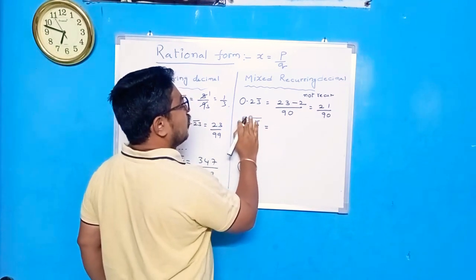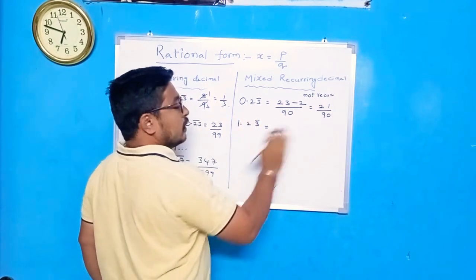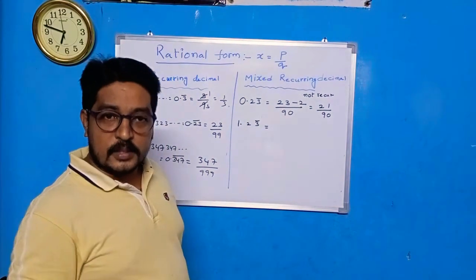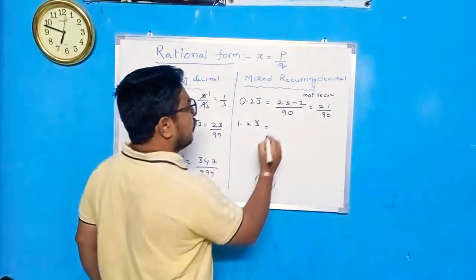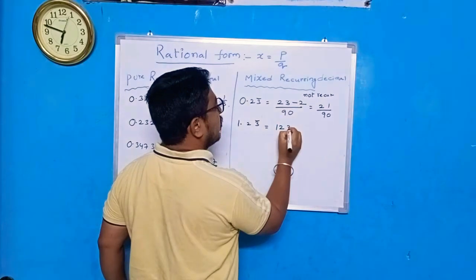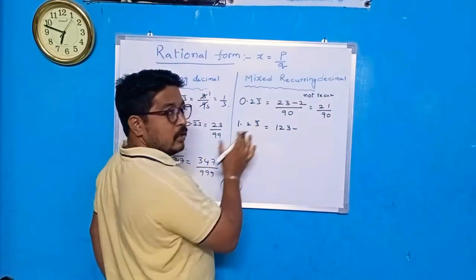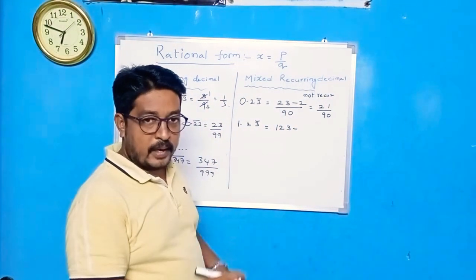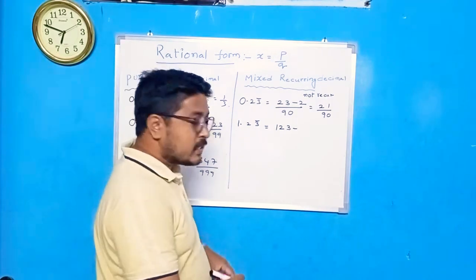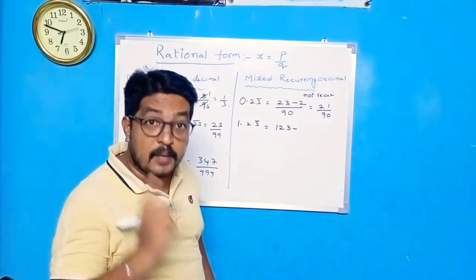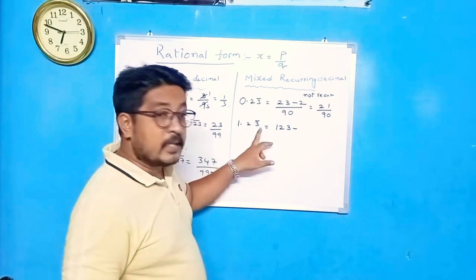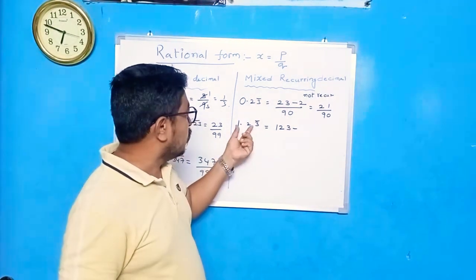Write the total number, remove the decimal also, write the total part 123, minus the not recurring part. The recurring part is 3 bar. The not recurring part is 1 2.